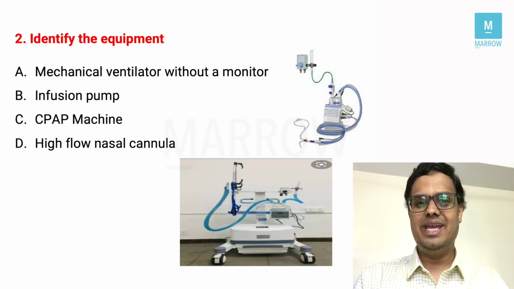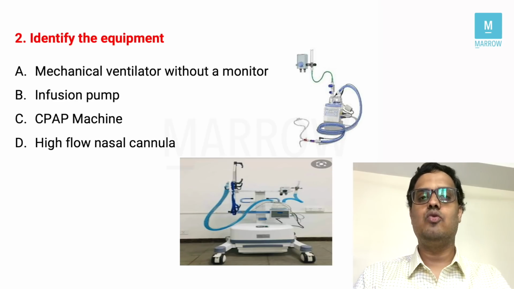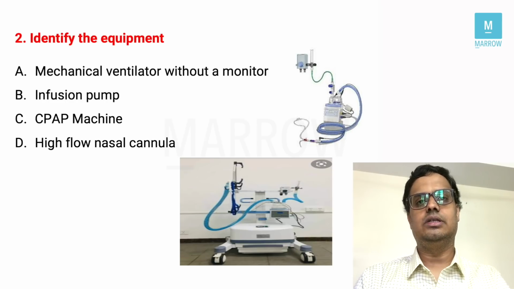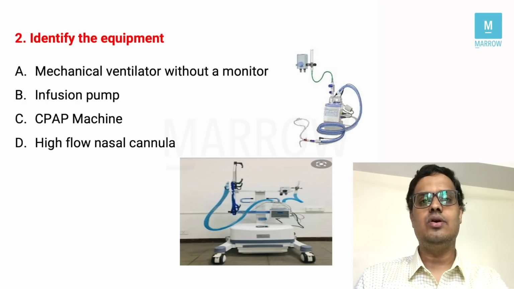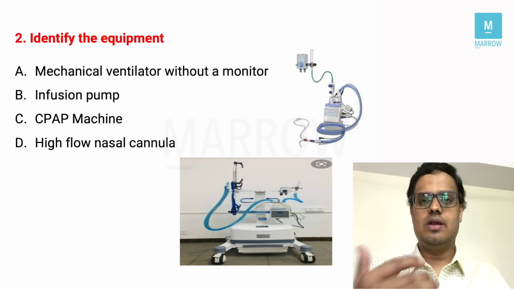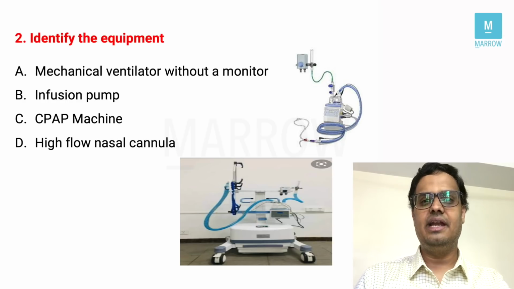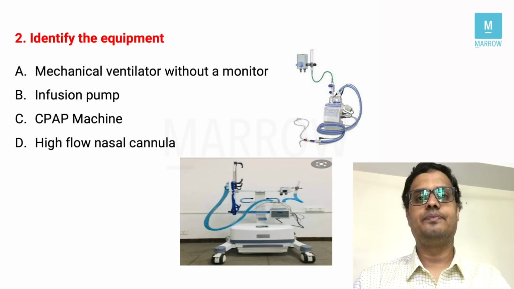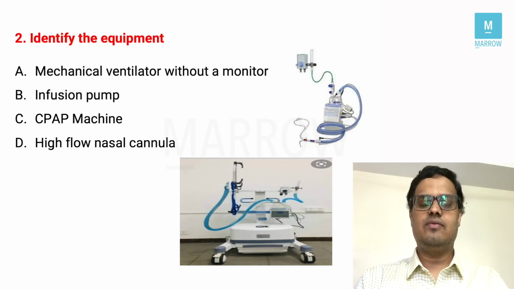High flow means, imagine you are a person taking a tidal volume of 500 ml, and you are breathing at a rate of 12 breaths per minute. That means your minute ventilation is around 6 liters per minute, right? Suppose you are slightly dyspneic, your respiratory rate increases to 20, and your tidal volume is 500 ml.